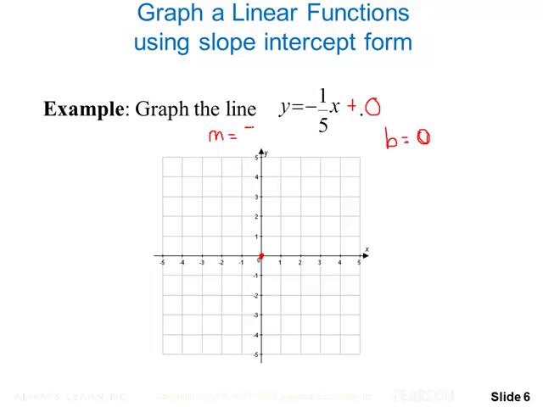Here I'll choose the numerator to be negative, and I'll rewrite -1/5 as -1 over 5. So from the y-intercept, I'll plot the slope. So I'll go down 1 space. I'll run 5 places to the right. I'll plot my point, and I'll connect the 2 points.